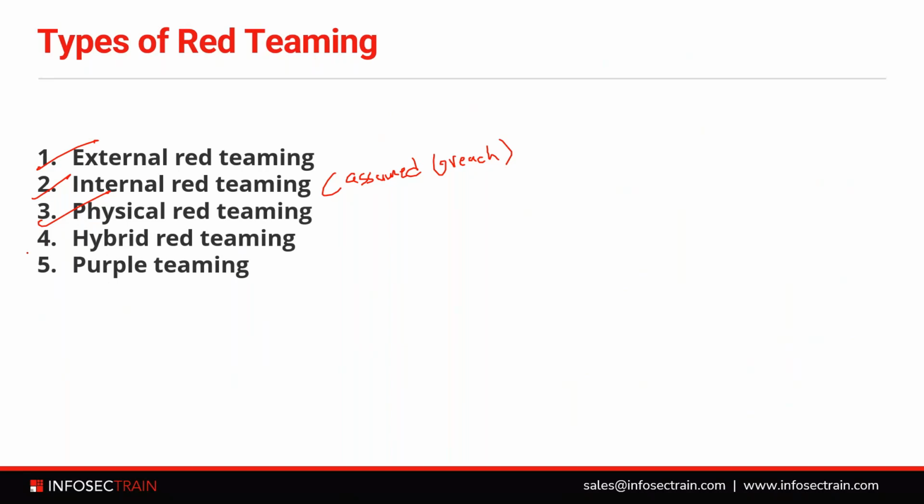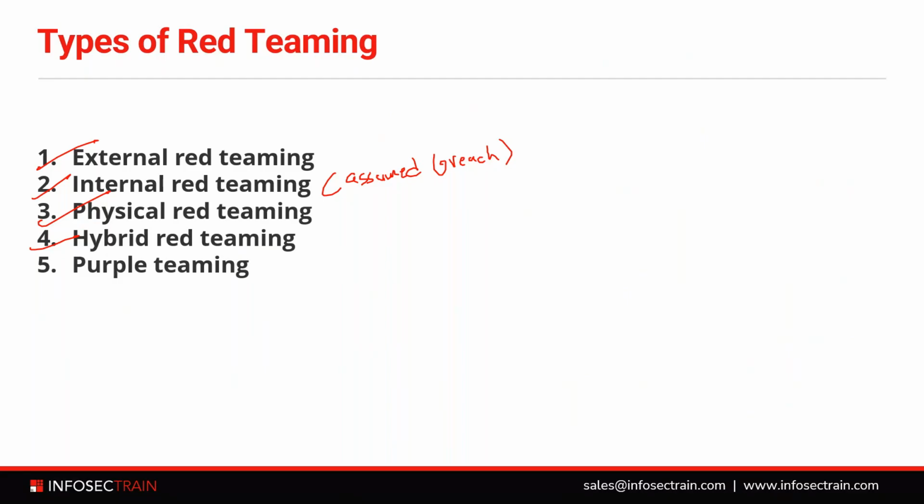Then we have hybrid red teaming. Hybrid red teaming combines elements of the different types of red teaming we have discussed, right? So, simulating a multifaceted attack on the organization. The goal is to test the organization's overall resilience to a wide range of attacks.